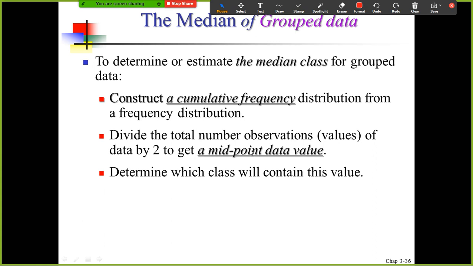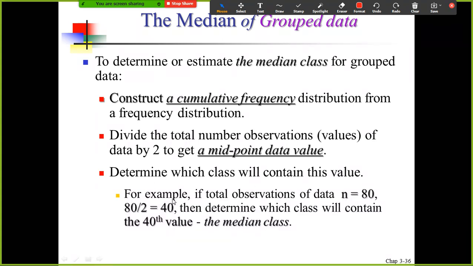For example, if our data set has 80 items, 80 observations, we take 80 divided by 2, which is 40. Then we determine which class contains the 40th value. Whichever class the 40th value is inside becomes the median class.